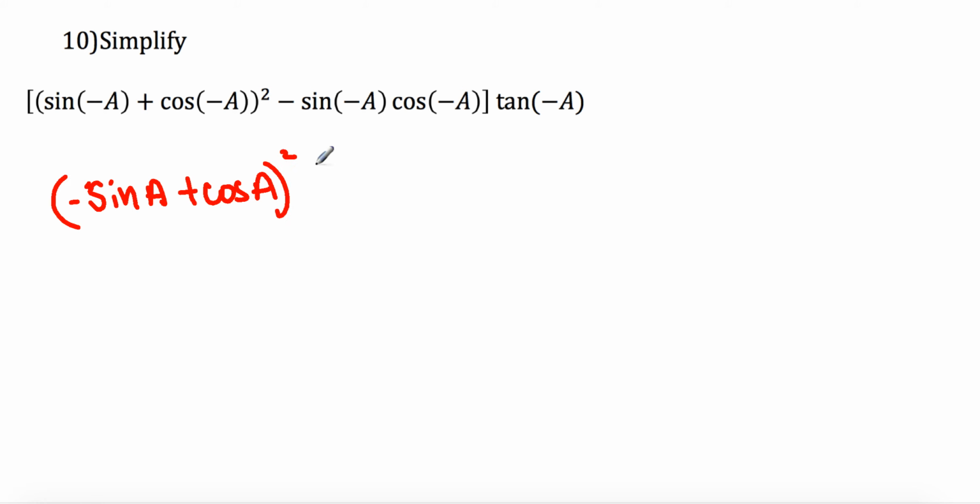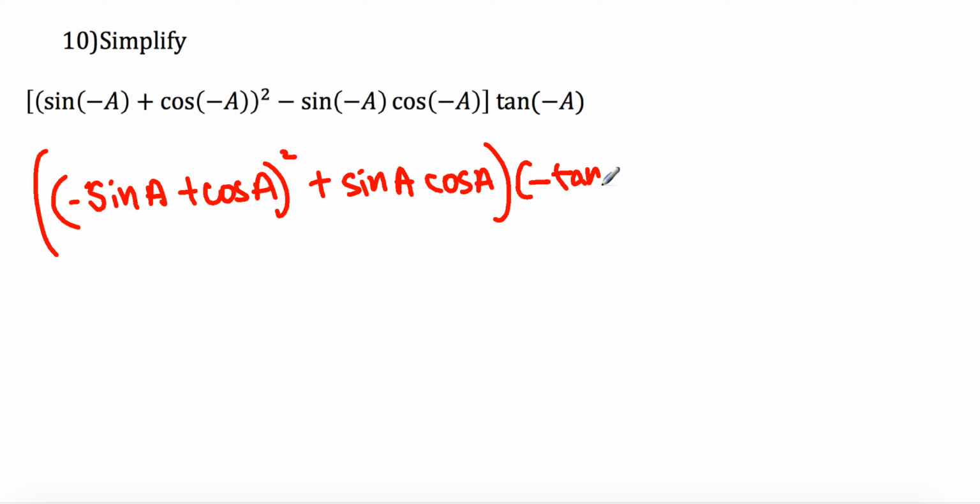So now I'm going to square this one. How about here? Negative sign goes out, so we get plus sine of A, and then this one, since it's an even function, we end up getting cosine of A. And then tangent of A, tangent is an odd function, so we get negative tangent of A as well.